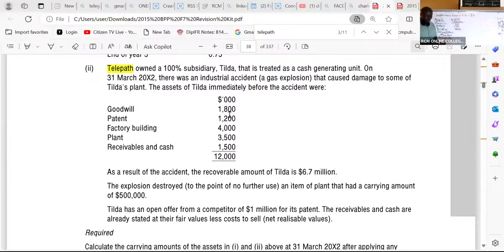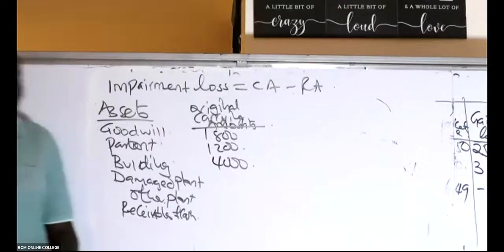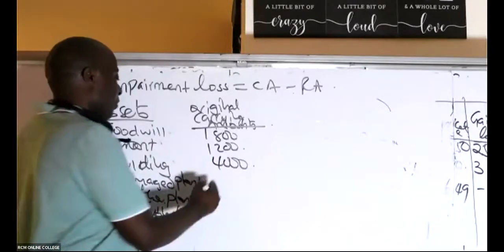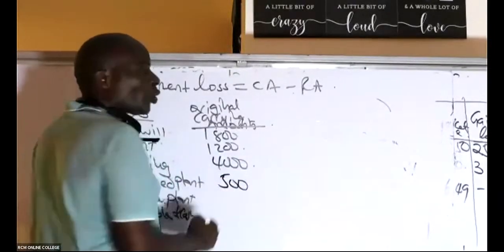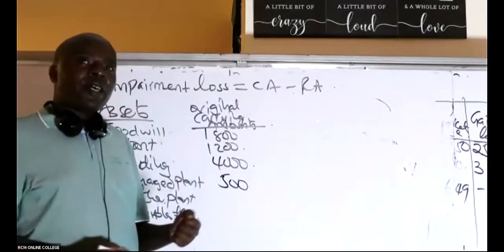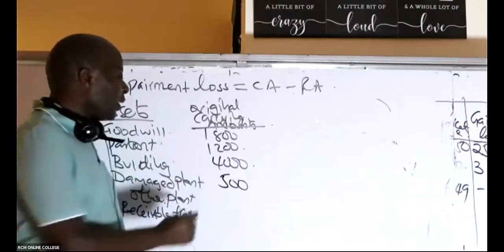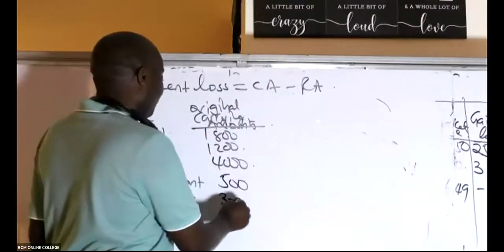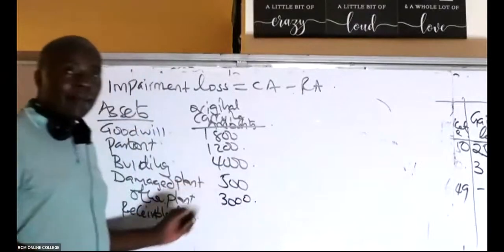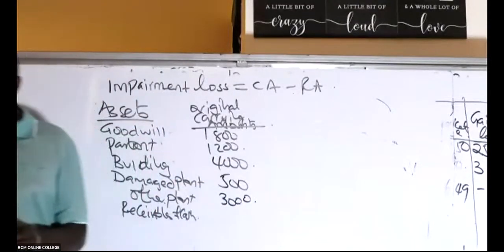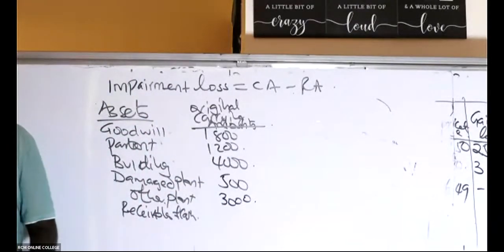And then we go to the note where they are talking about the plant. The explosion destroyed to the point of no further use an item of plant that had a carrying amount of 500. That is a damaged plant. So damaged plant, 500. And because the total plant was 3,500, it means that the other plants are worth 3,000, because the 2 of them must add up to 3,500.